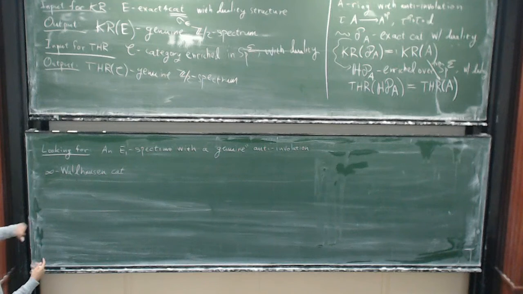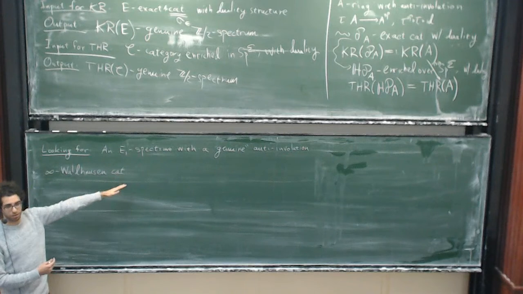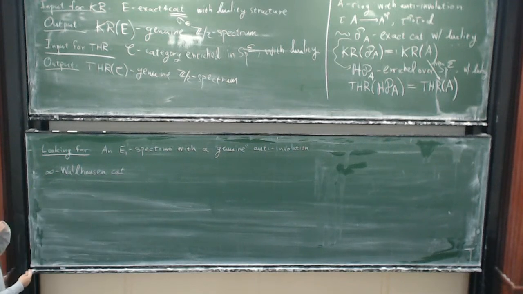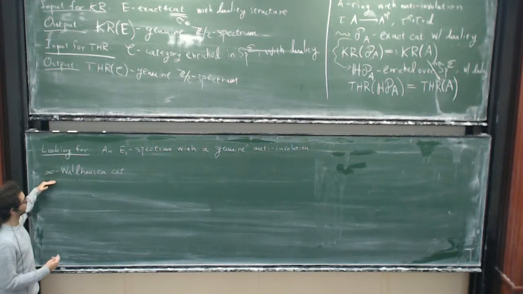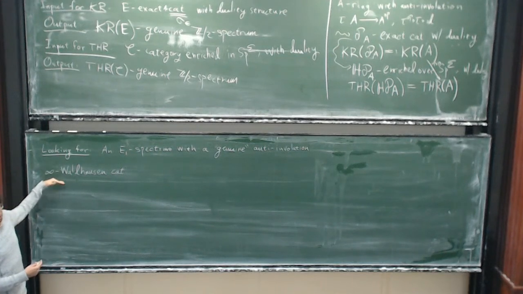And the cofibrations replace the admissible monomorphisms in the case of exact categories. And then Clark Barwick, in recent years, generalized this to infinity Waldhausen categories. And he described algebraic K-theory as some sort of universal functor on the infinity category of infinity Waldhausen categories.